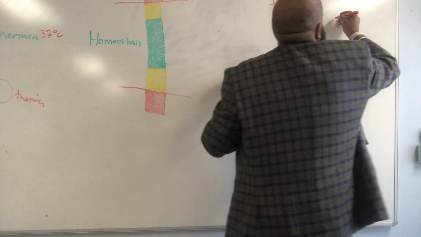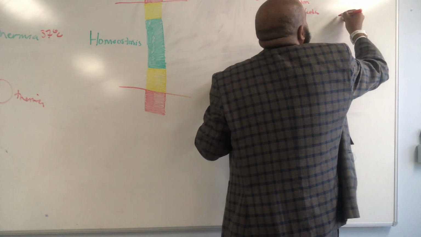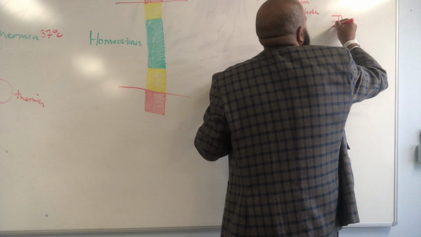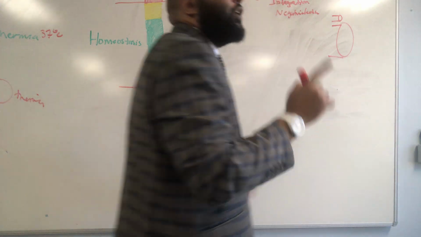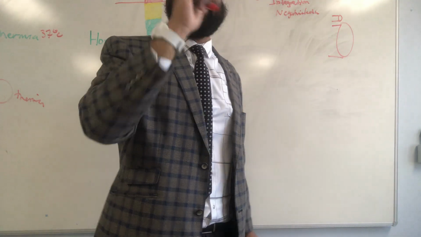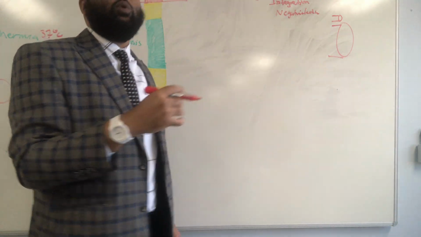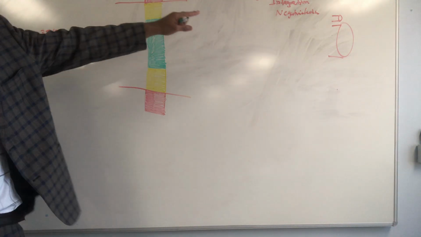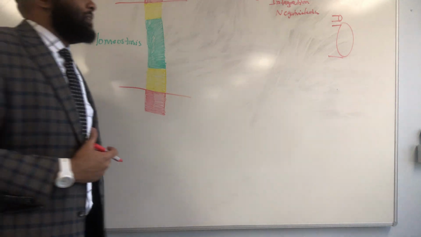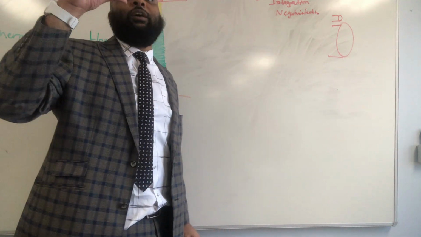The negative feedback is going to cause an effector response. The first effector is the blood vessels. When it is so hot, your blood vessel diameter is going to increase. That's the first response. That's the first effector. The effector is the one who responds to the integration. So the blood vessels are going to become really wide.